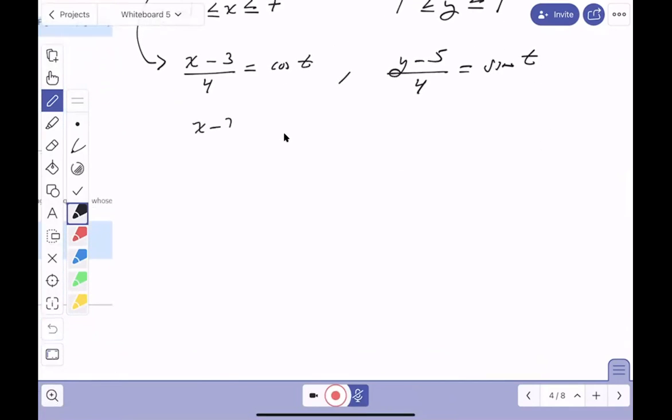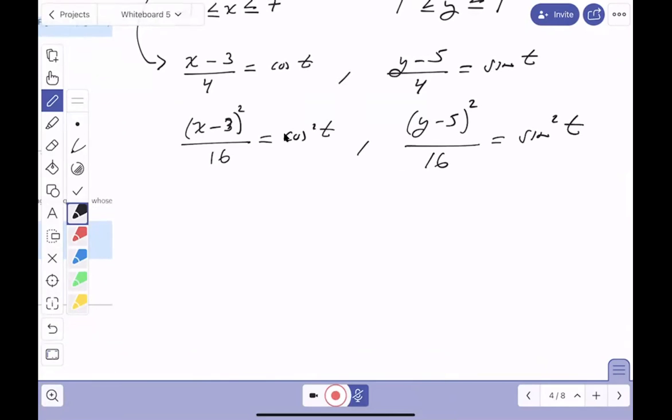And what do you get? (x minus 3) squared over 16 equals cosine squared t. And what's this going to be? (y minus 5) squared over 16 equals sine squared t. And why would you do that? Because I know about Pythagorean identities.